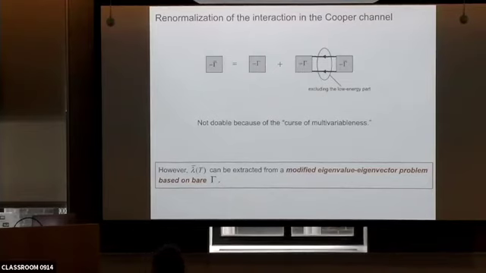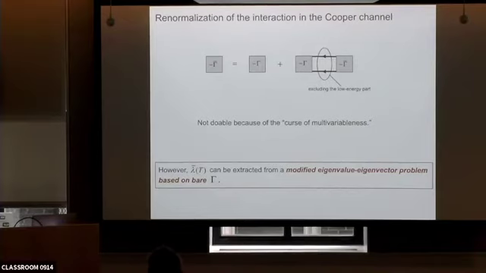So this is the bare gamma. And if we sum the ladder diagrams such that we exclude the low energy part from those two Green's functions, so it's a ladder in which the low energy part is excluded, this is essentially the definition of this effective vertex gamma bar.